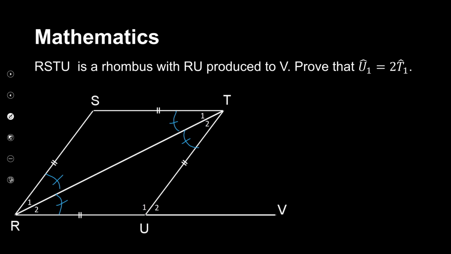Because of that, this angle here will be equal to T2 plus R2, because it's an exterior angle of a triangle. And then you can always talk about the other angles based on that. For now, let's see how we can use what I've just mentioned. They want us to prove that U1 is equal to 2T1.